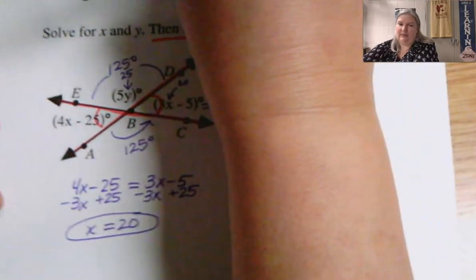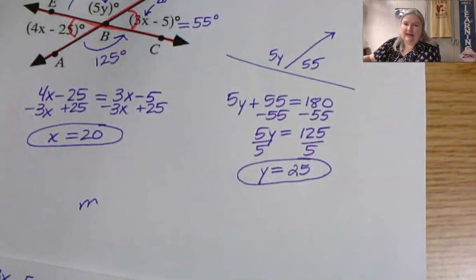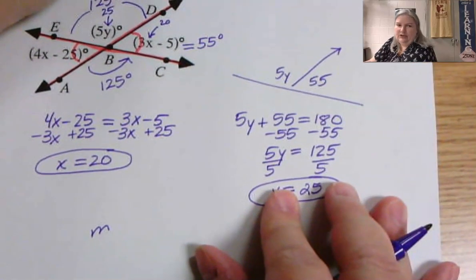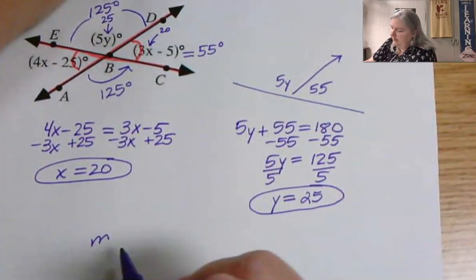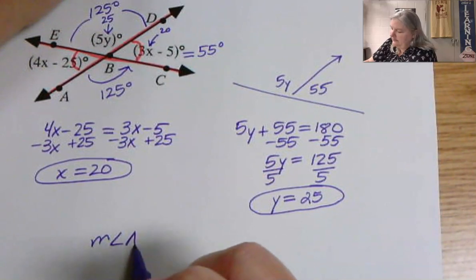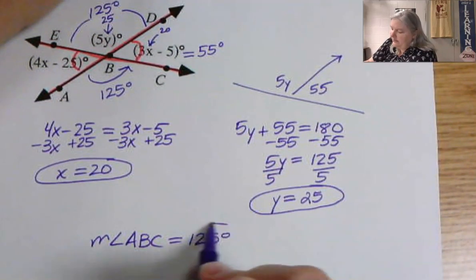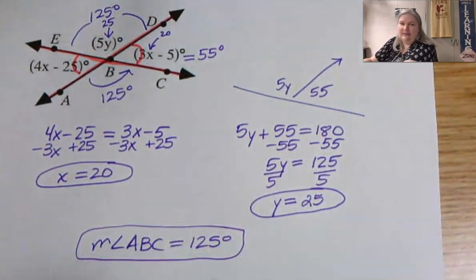So let me move my paper down a little bit. And I'm going to say the measure of angle ABC is 125, so that I have fully answered the question. And then I'm done.